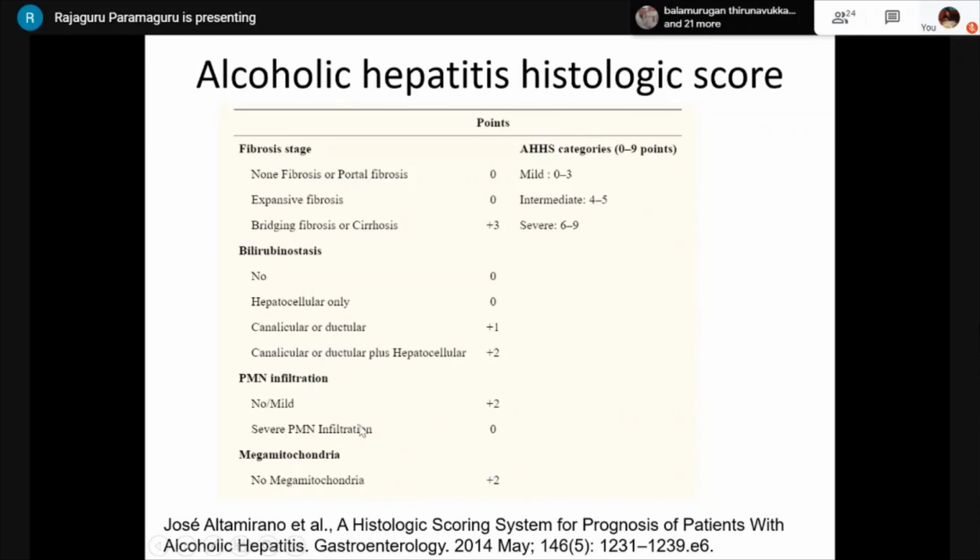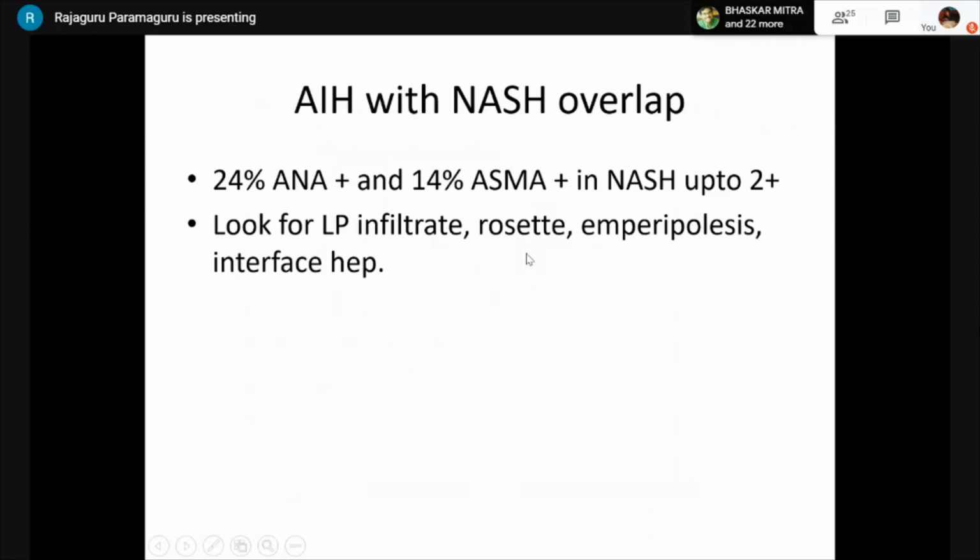If there is severe neutrophilic infiltration, then it means it is a good prognosis. If the neutrophils are mild or absent, it is a bad prognostic indicator. If it is severe, it is a good prognosis indicator. If you are able to see the megamitochondria, like the picture which I had shown you in the previous session, the rod shape within the cytoplasm, then it has a good prognosis. And cholestasis and fibrosis have a bad prognosis.